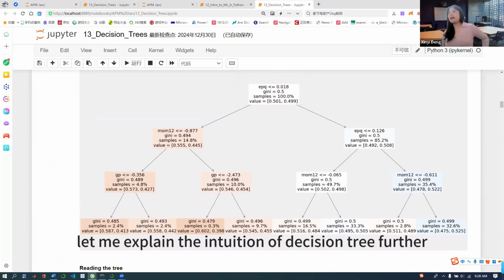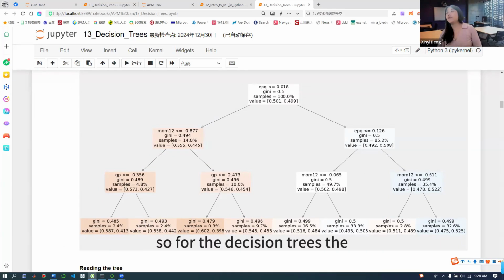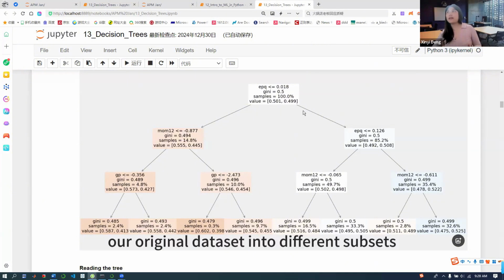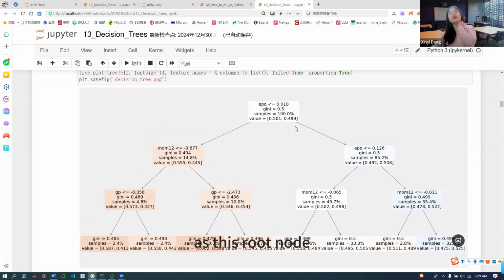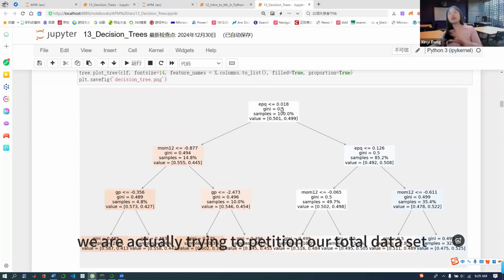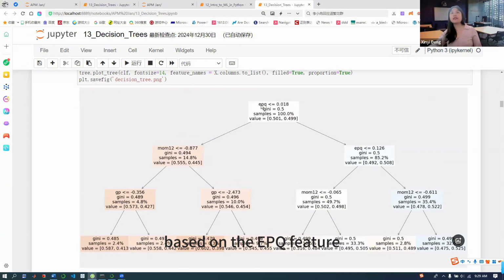So also let me explain the intuition of decision tree further. For decision trees, the intuition is basically partitioning our original data set into different subsets. For example, at this root node, we are trying to partition our total data set based on the EP ratio feature.